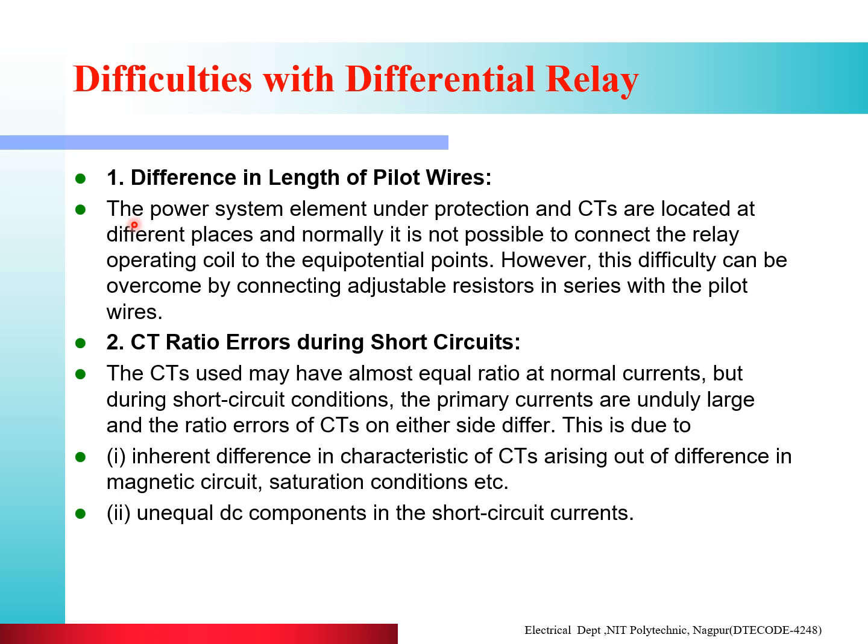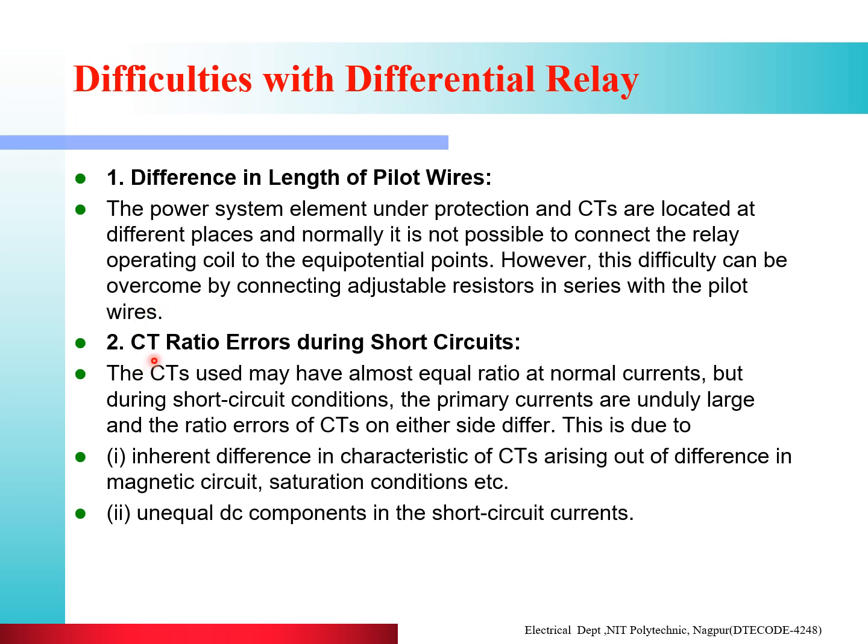So the power system element under protection and the CTs are located at different places, and normally it is not possible to connect the relay operating coil to the equipotential point. However, this difficulty can be overcome by connecting an adjustable resistor in series with the pilot wires. By connecting the adjustable series resistor, we can bring this point to equipotential so that there is no current in the pilot wire during the idle condition.